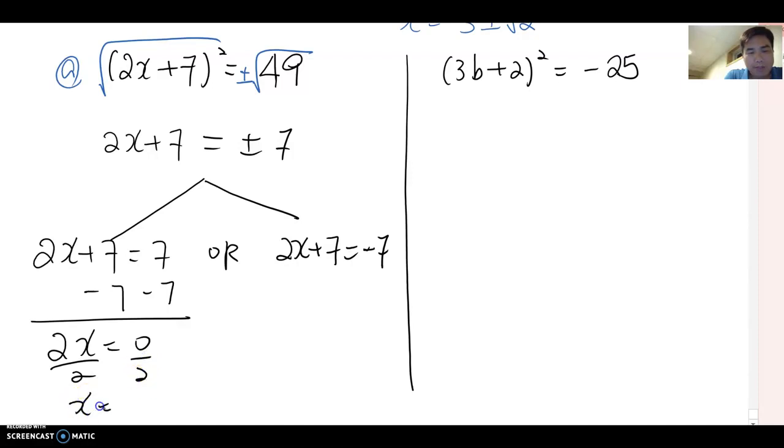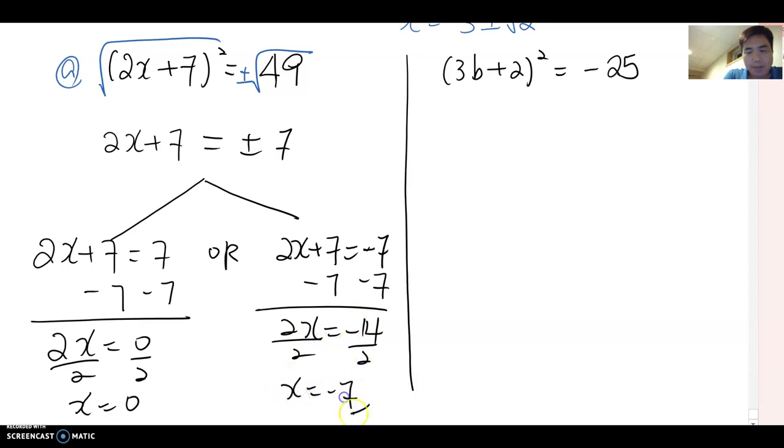So x equals 0 in this case. And for the other, subtract 7, then 2x equal to negative 14, and divide by 2. Therefore x equal to negative 7. That will be the answer for this problem.